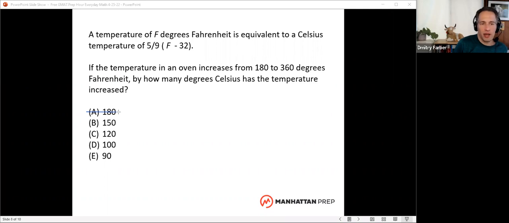Now, maybe what I could have put in were some answers over 180, because we definitely want to cross out those as well. When you're converting from Fahrenheit to Celsius, you will go down. But the GMAT's not always that nice. They don't always give us a lot of bad answers, but sometimes they do.